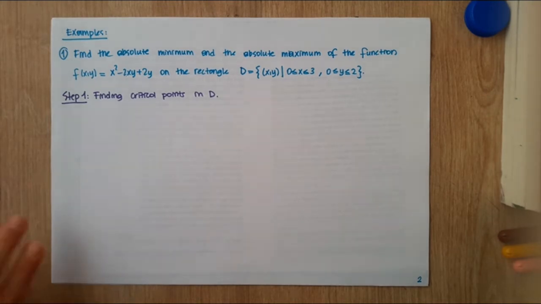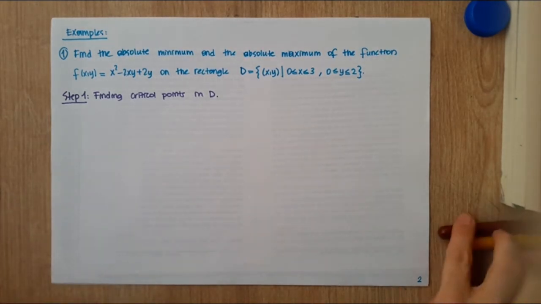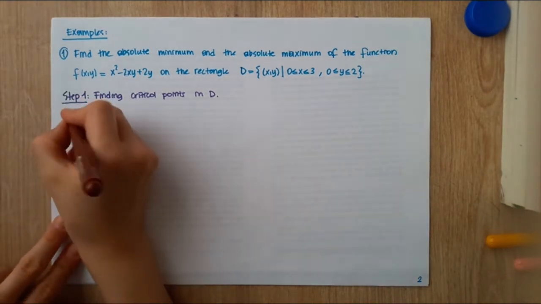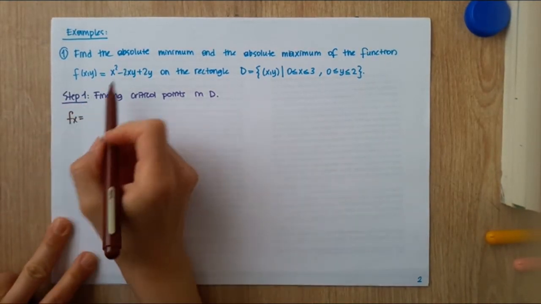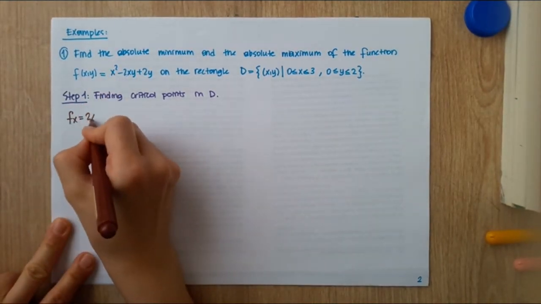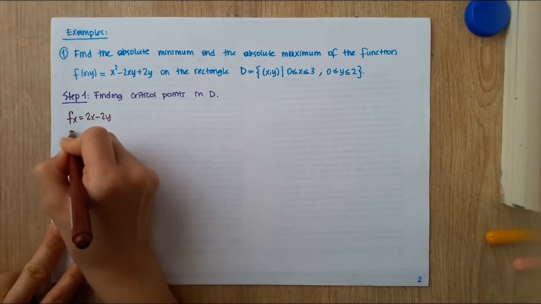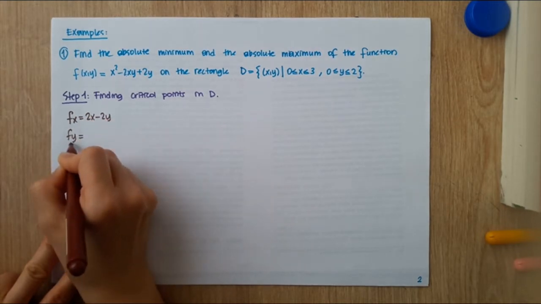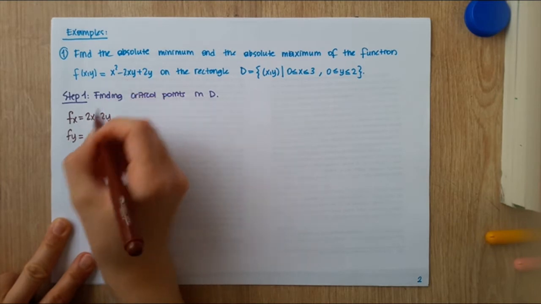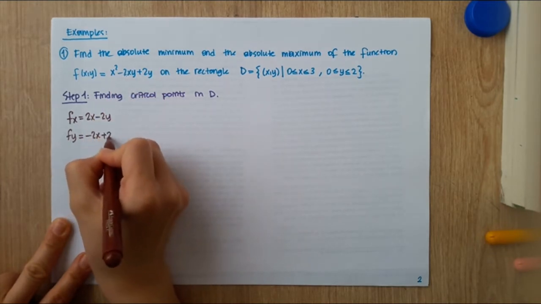Okay, so to do this, first of all, I will calculate the first partial derivatives. f sub x is 2x minus 2y, and f sub y will be 0 minus 2x plus 2.